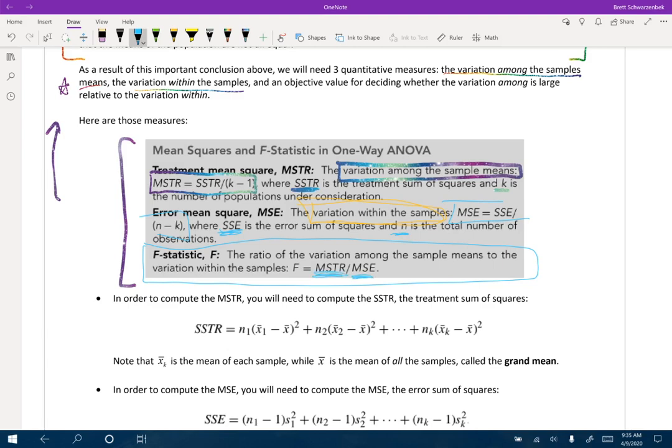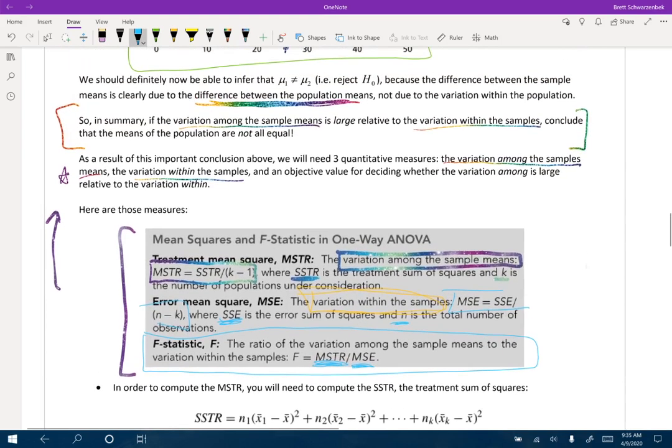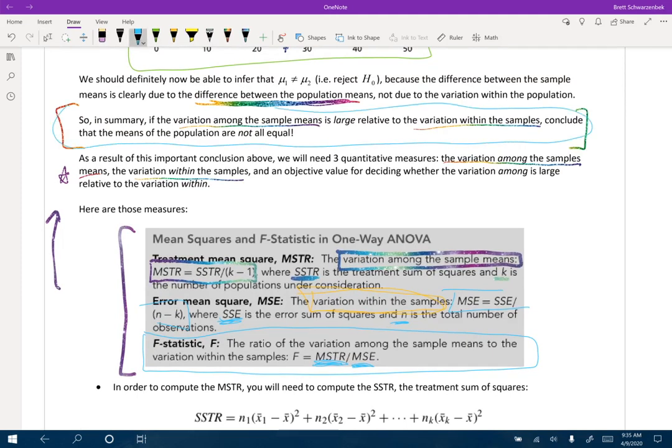Remember, the key was, if I go back to my statement right here, in summary, if the variation among the sample means is large relative to the variation within the samples, so that essentially is F. If this is large relative to this, then F is going to be large.